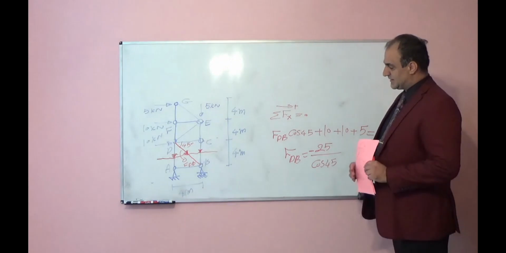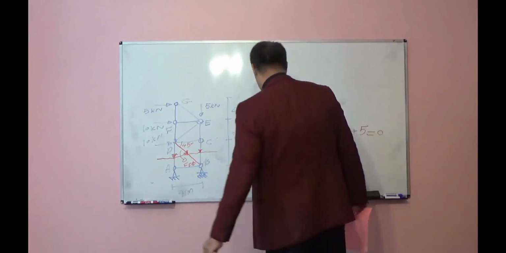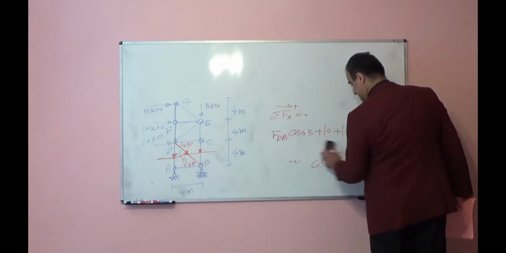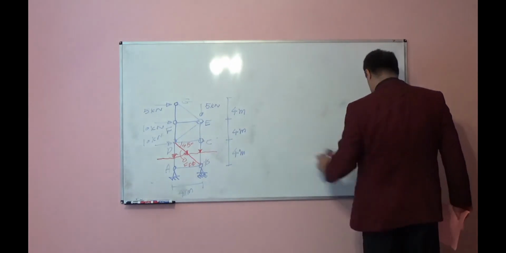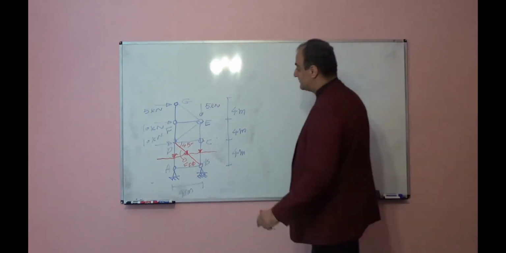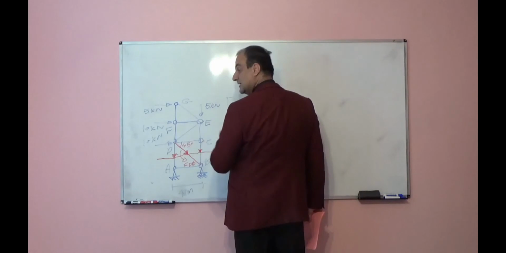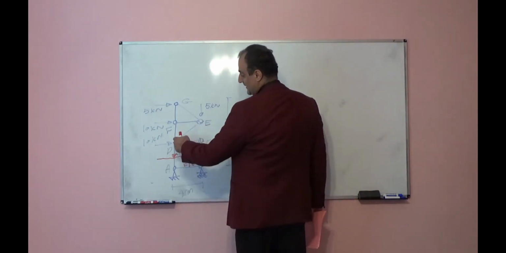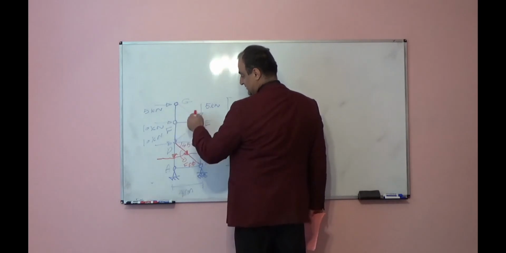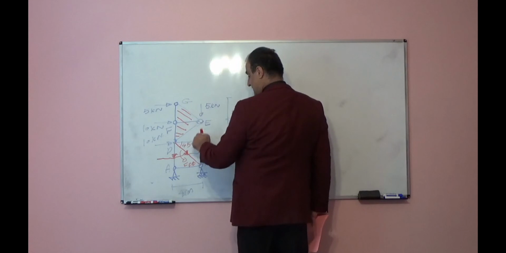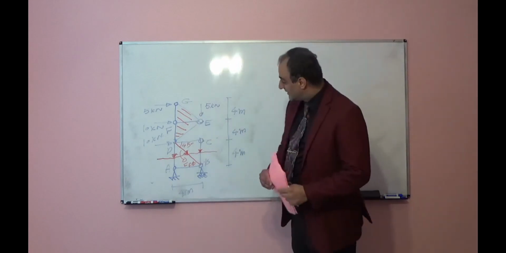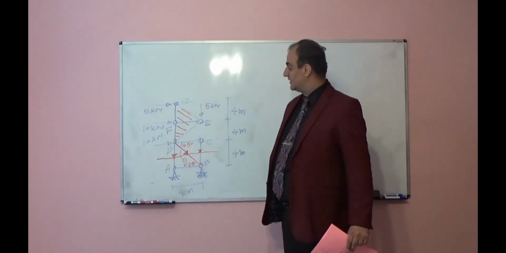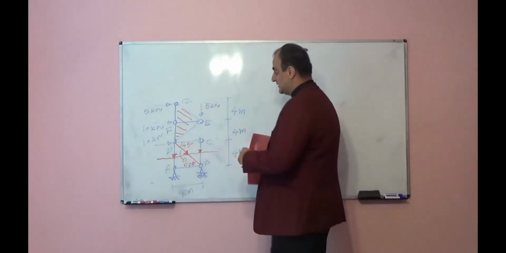Now, let's see another member. For example, I want to find internal force in member EC. What I will do, first step, remove that member. What happens? This piece, you see, if you remove the member EC, will rotate with respect to D. In which direction will it rotate?